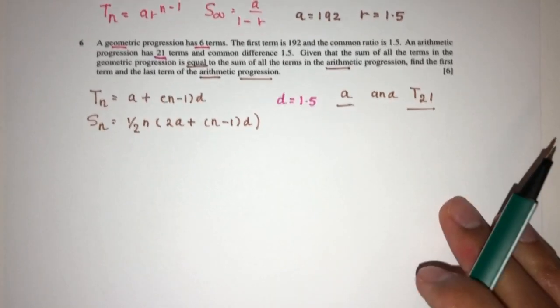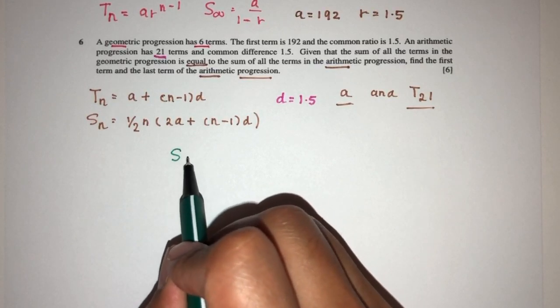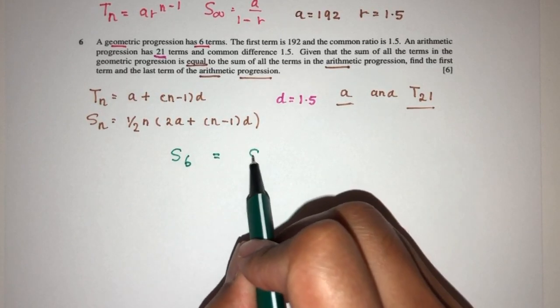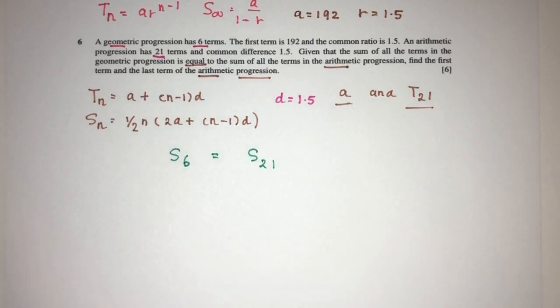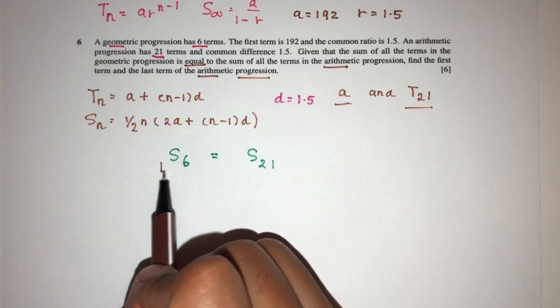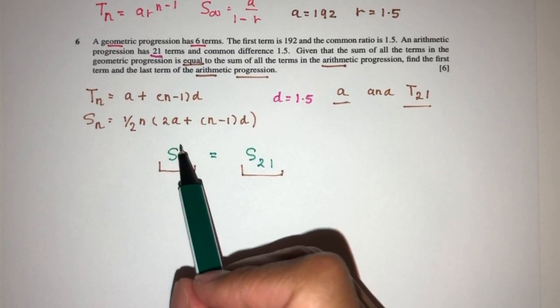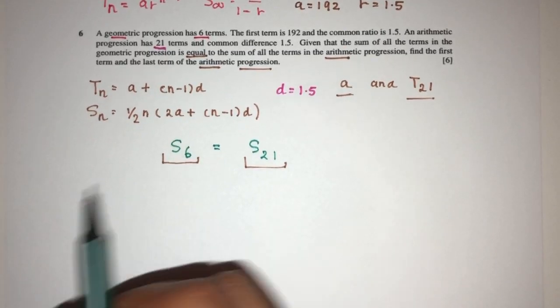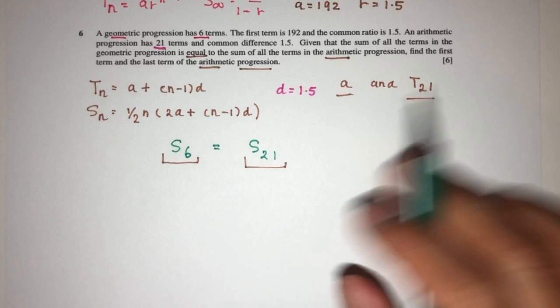So one by one. We know the sum of the 6 terms of the GP is equal to the sum of the 21 terms for the AP. So here we have the sum of the first 6 terms, and we have to know this formula. Let me write this down.